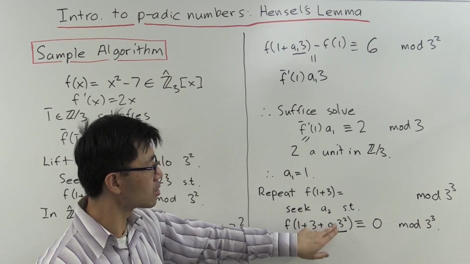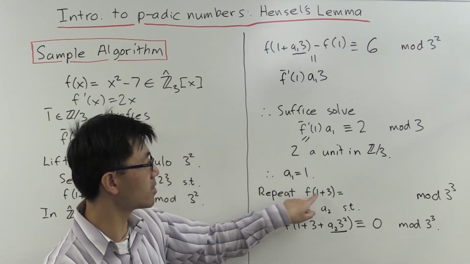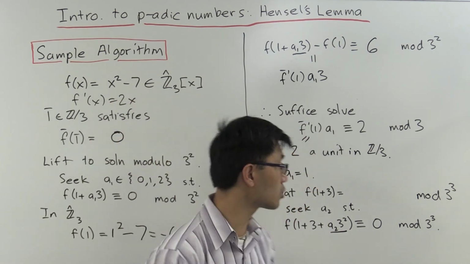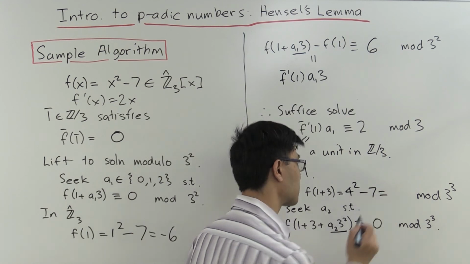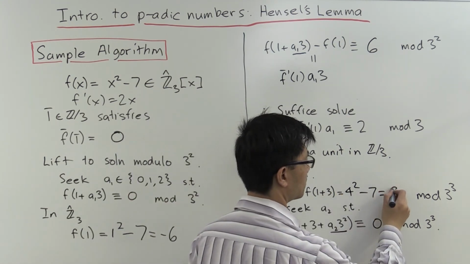And you look at the solution when a2 equals 0 and see how far off you get. So here this is 4. When you plug that into the original equation, you get 4 squared, and you subtract 7. So 16 minus 7 is 9.